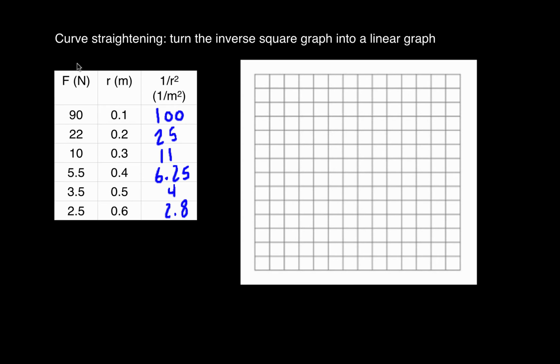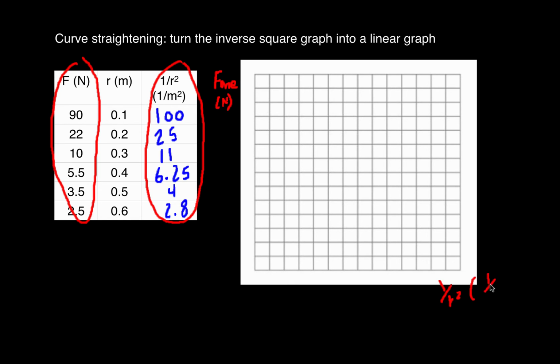We then take our force data and our 1 over r squared data and plot it on the graph. Again, force is on the y-axis, but this time 1 over r squared is on the x-axis.